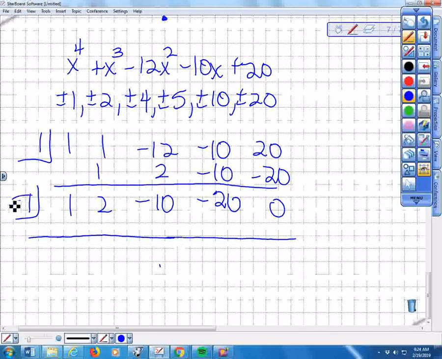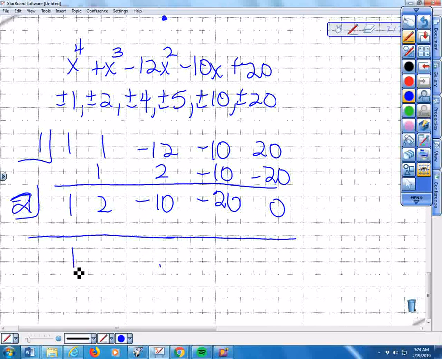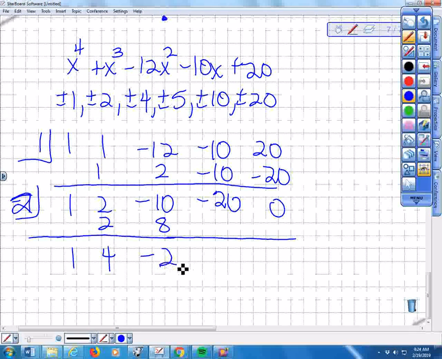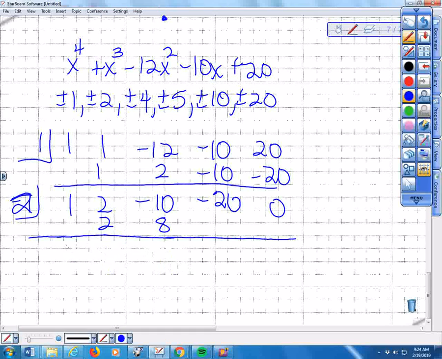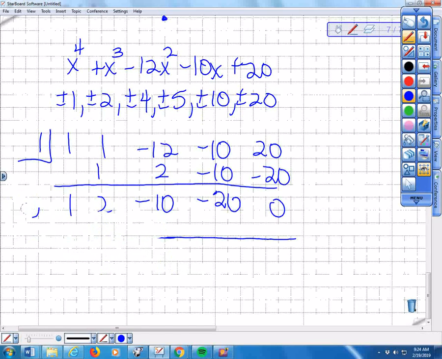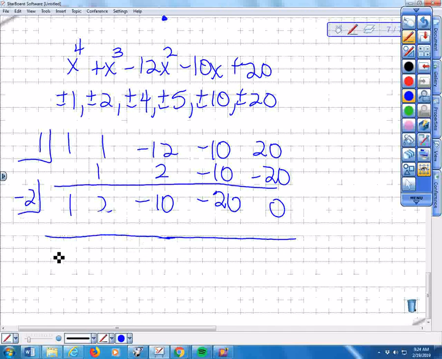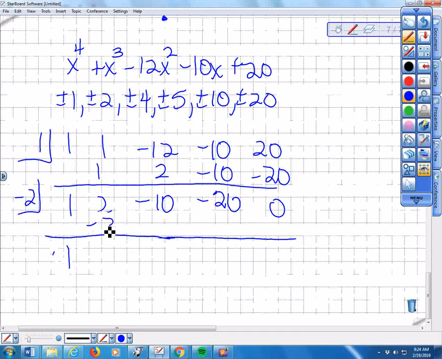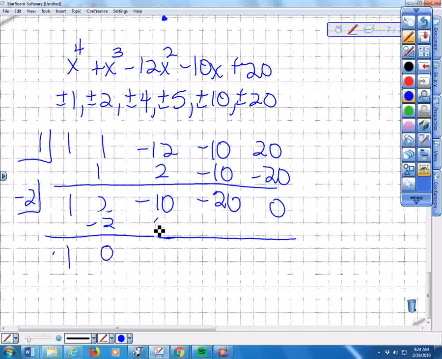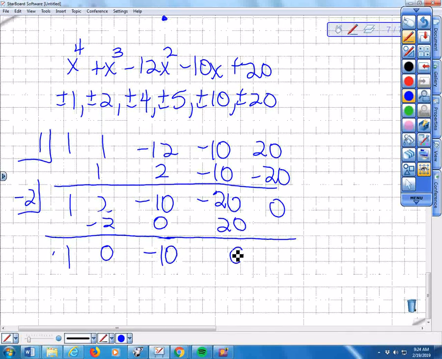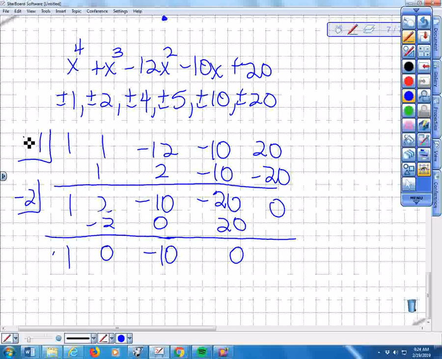Let's try 2. 1, 2, 4, 8, negative 2. Nope. What's a way I could just save myself all of this heartache here? Yeah. 1, negative 2, 0, 0, negative 10, 20, and there it is. So I found 1 and negative 2 are my 2 zeros.